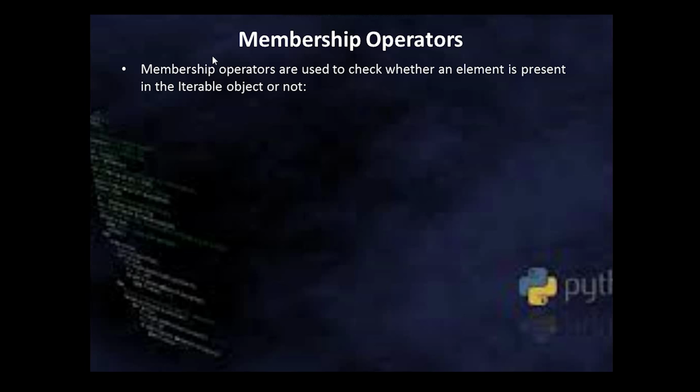Membership operators are used to check whether an element is present in the iterable object or not. I told you an example of iterable object. Iterable object means object which is a collection of many other objects. List, set, tuple, all are examples of iterable object.